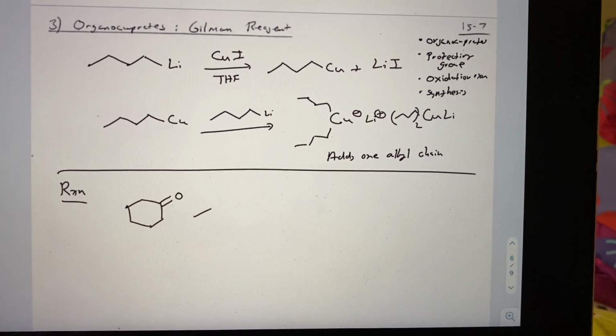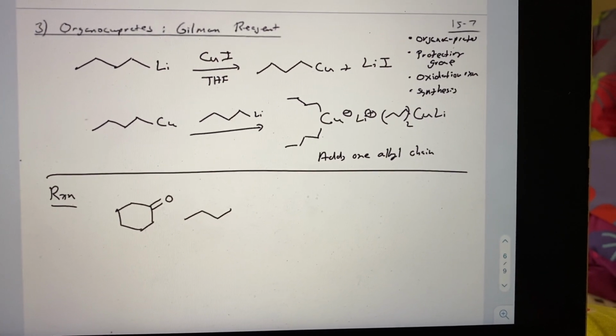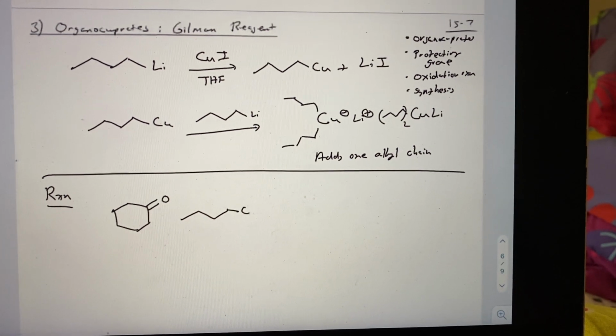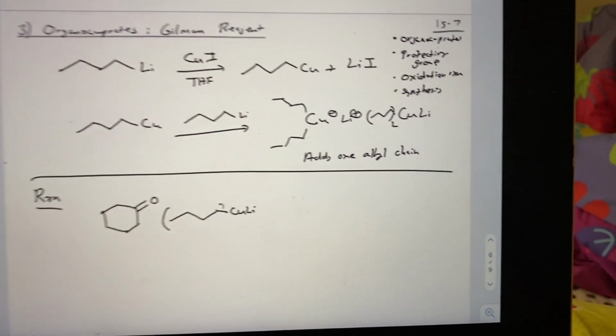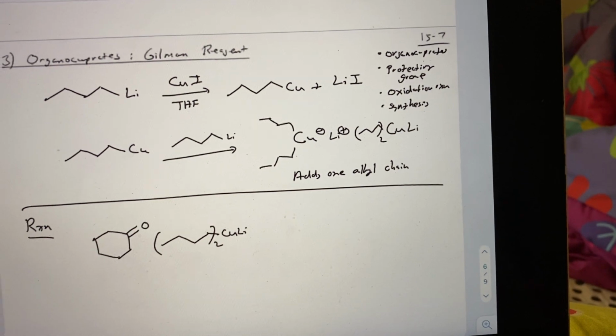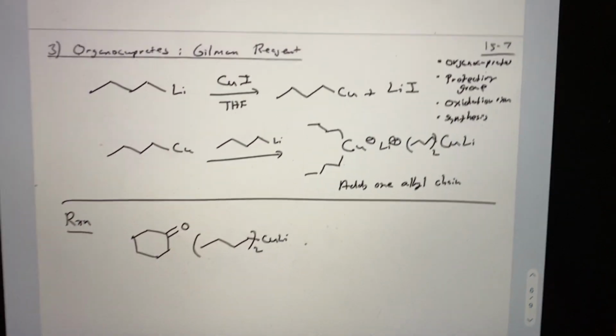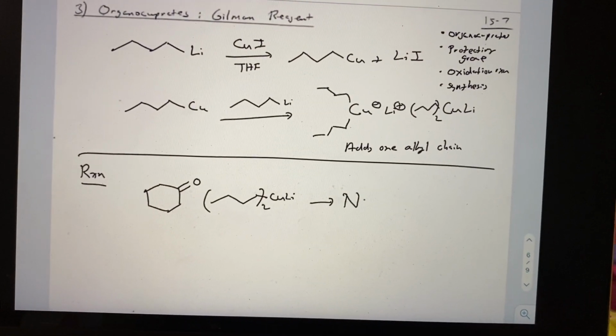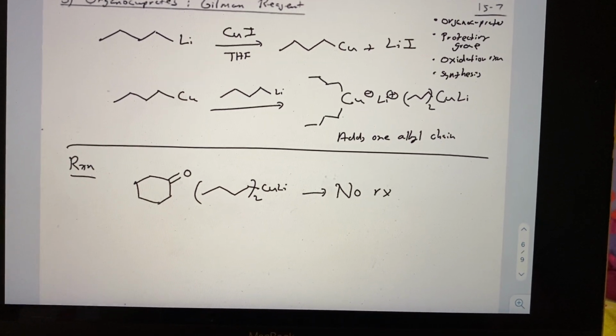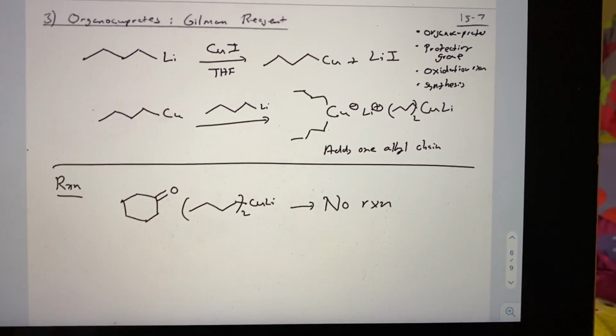However, if we were to take our Gilman reagent, let's take this one, drawing the same one from the top, what you'd actually end up seeing is no reaction. And I'll abbreviate reaction by RXN.